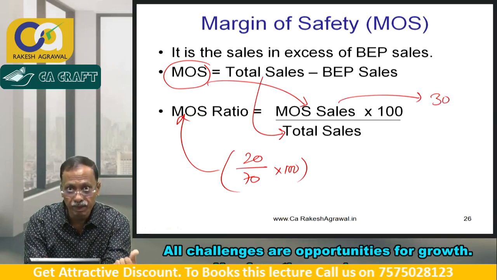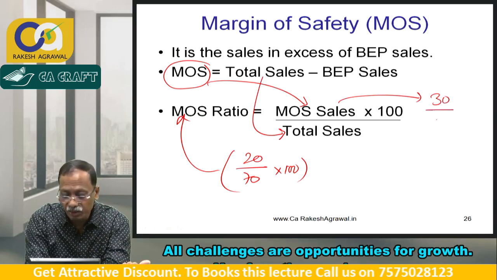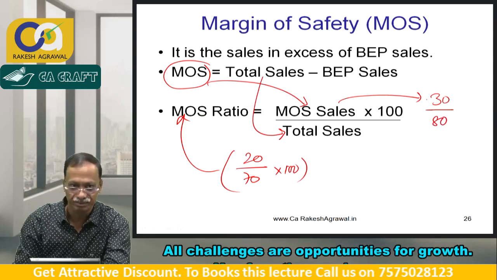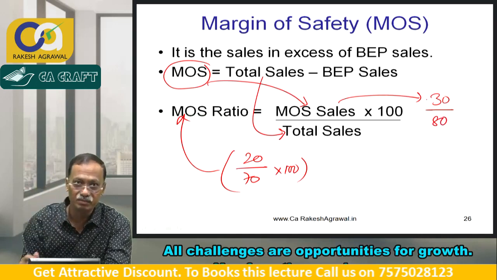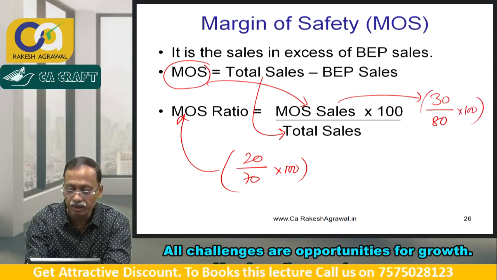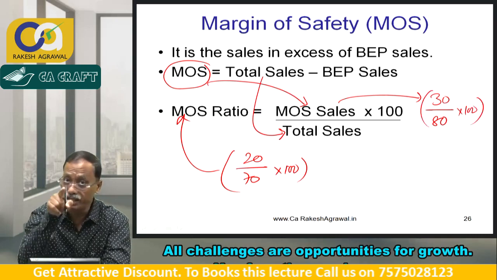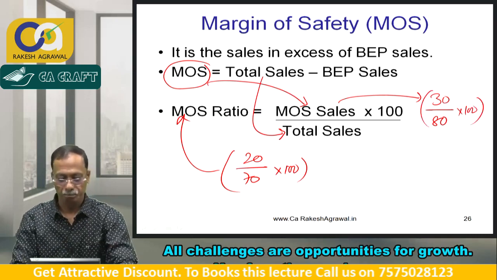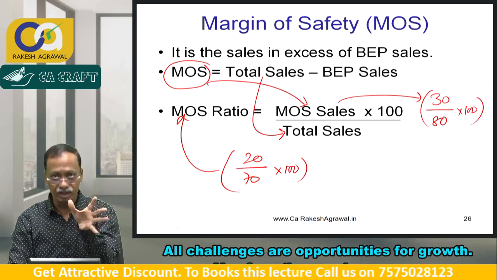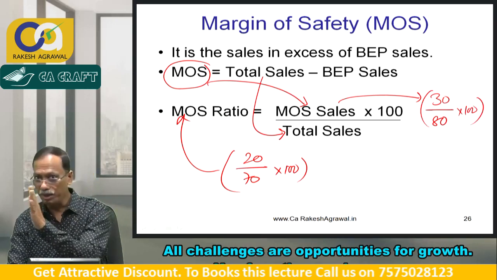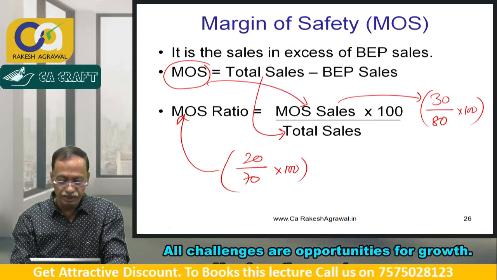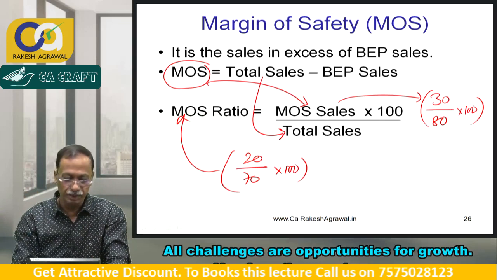So margin of safety will become 30 divided by your actual score 80, because out of 80, 30 is extra. Out of 80, your excess marks are 30. So 30 divided by 80 into 100. This is how you will get your margin of safety ratio. Okay. As the name suggests, it is the safety margin available to you, because you are above BEP. It means that much is the safe margin available to you. So margin of safety indicates the safety margin, right?